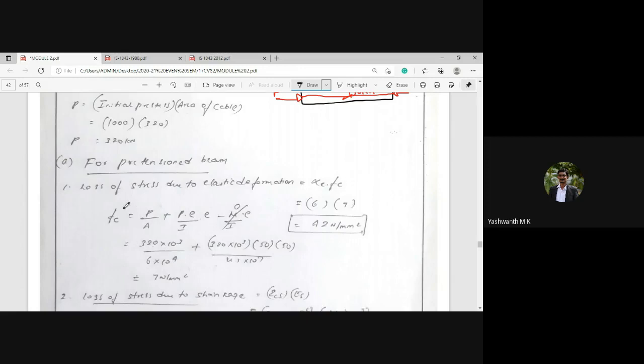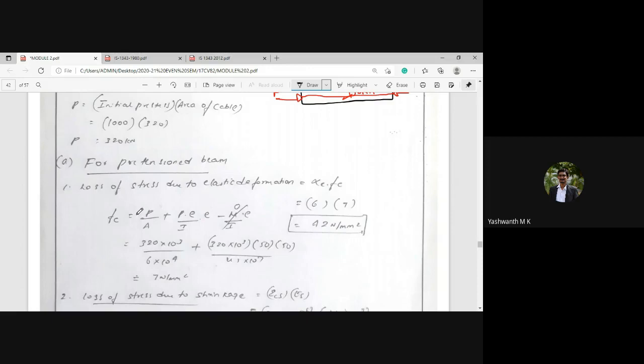We know the formula: the compressive stress in concrete at the level of steel is equal to P by A plus PE by I into E minus M by I into E. This term will become zero. Why? Because in the problem they have not mentioned anything about the live load, so we are going to neglect the dead load and the live load acting on the beam. Hence this particular term will become zero.